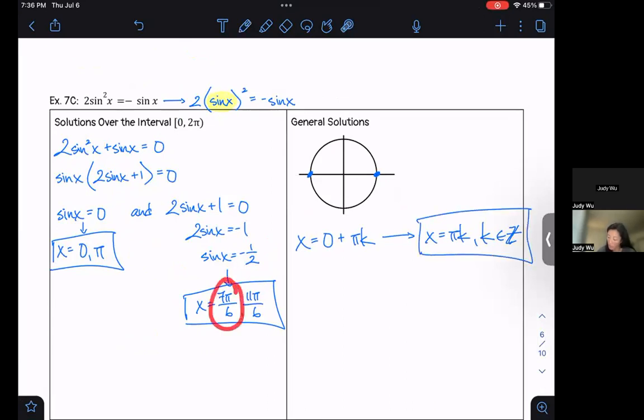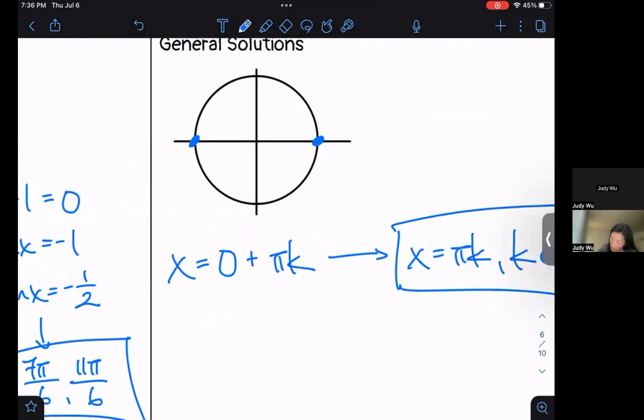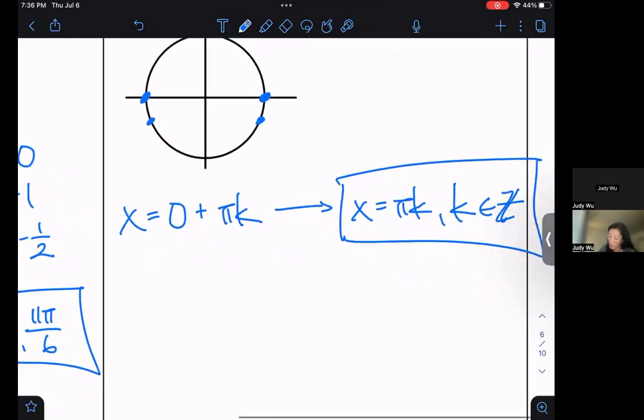Now the next one, the 7 pi over 6 and the 11 pi over 6, those are not exactly halfway around the unit circle from each other.